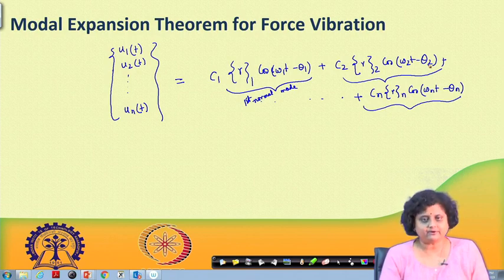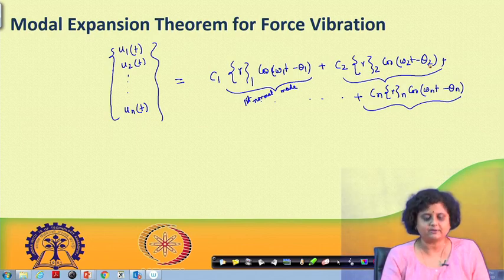This is called the modal expansion theorem, just to repeat. We have used this expression to solve examples of free vibration problems of a 2 degree of freedom system. Now, let us see how we can extend this to a forced vibration problem.